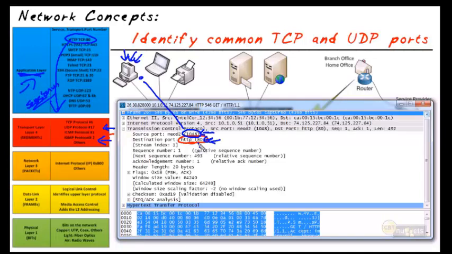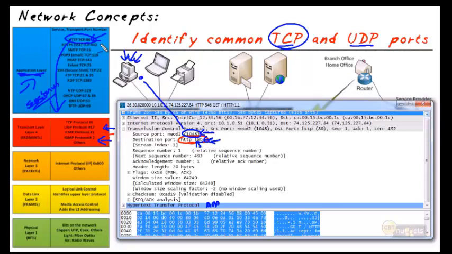So there's the destination port, the well-known port. And then at the application layer, we have our hypertext transfer protocol, which is being used for the language of love for HTTP. So what have we learned so far? Common TCP and UDP ports, so far we've identified one, and that is the well-known port of 80, which is used by HTTP.